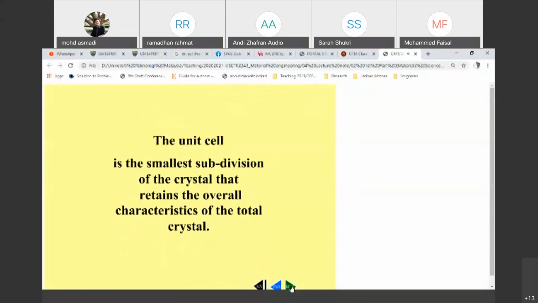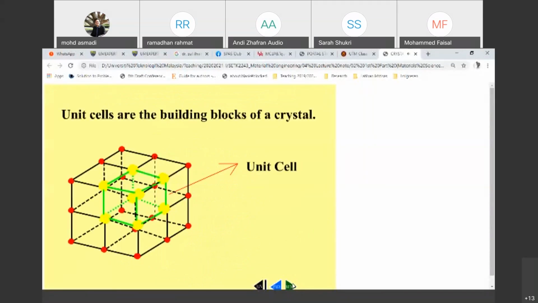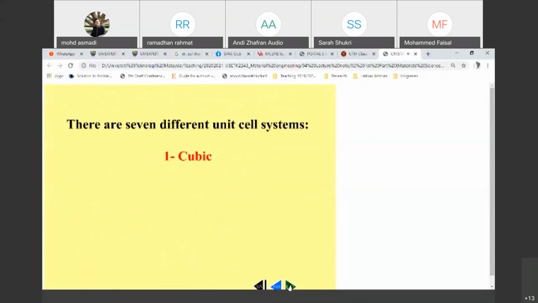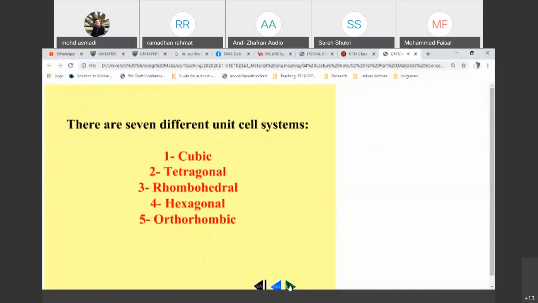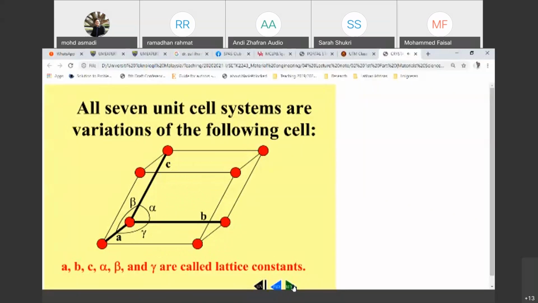The unit cell is the smallest subdivision of the crystal that retains the overall characteristics of the total crystal. Unit cells are the building blocks of a crystal. There are 7 different unit cell systems: cubic, tetragonal, rhombohedral, hexagonal, orthorhombic, monoclinic, and triclinic. All 7 unit cell systems are variations on the following cell.